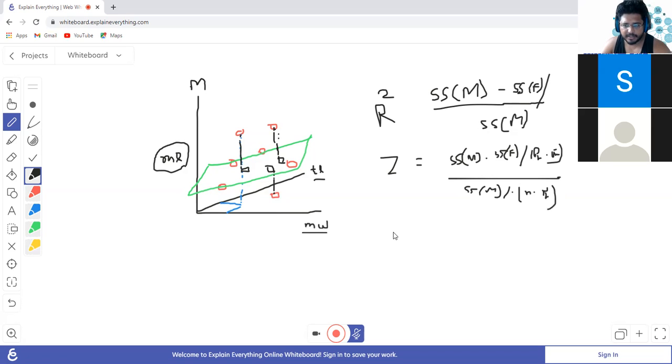Same formula as before. Now the only difference is what is the P fit value here?